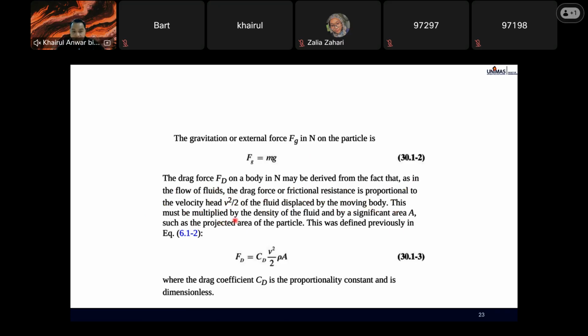This must be multiplied by the density of the fluid and by a significant area A, such as the projected area of the particle. This was defined previously in equation 6.1-2. So Fd equal to Cd v squared over 2 times rho times A, where Cd is the proportionality constant and is dimensionless.